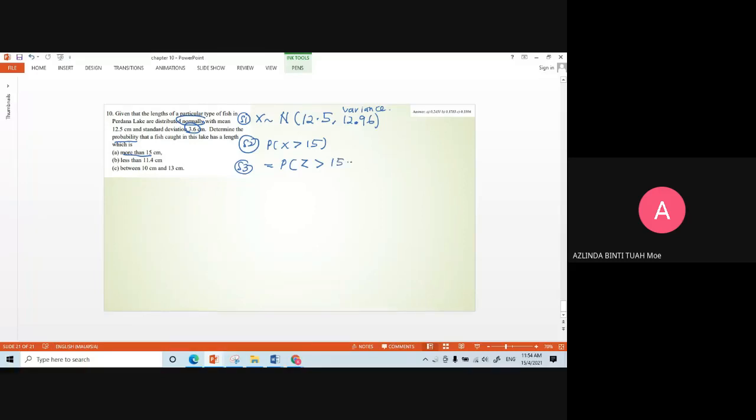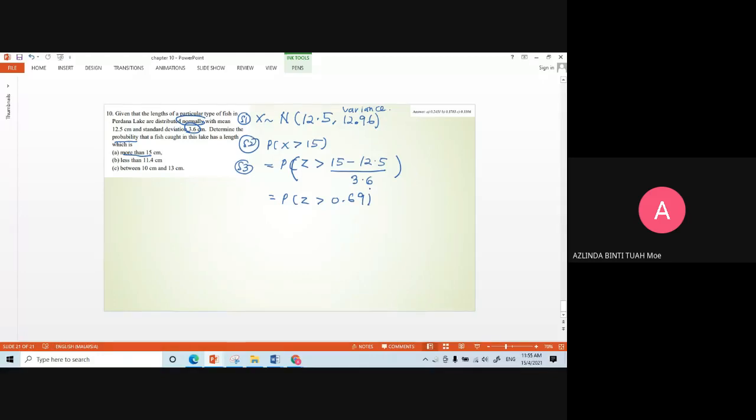So 15 minus mean over standard deviation. Don't get confused, 3.6. What is the value for Z? 0.694. It's 0.69, two decimal places only.